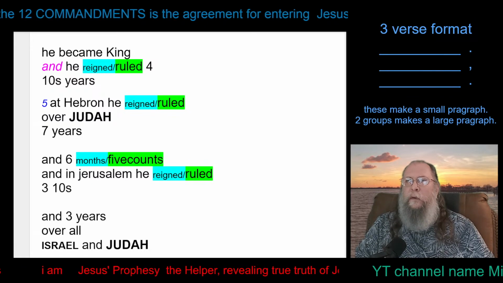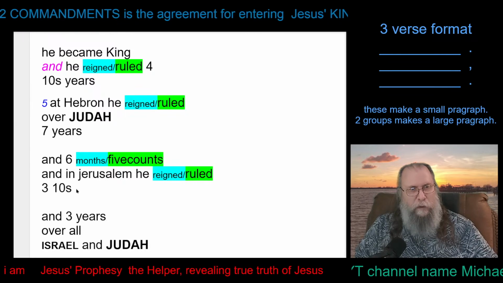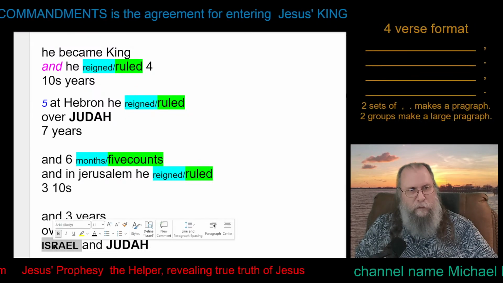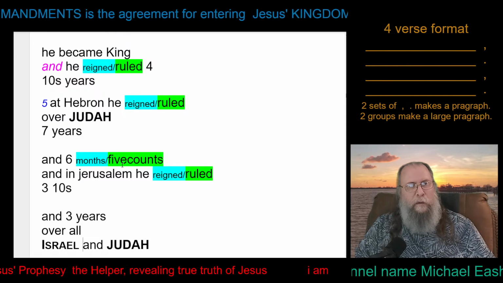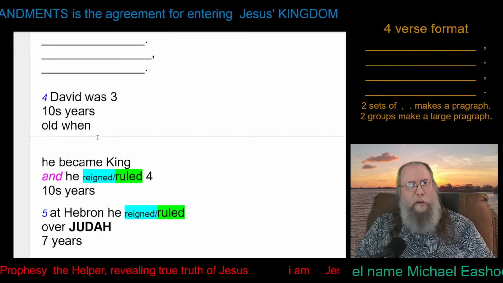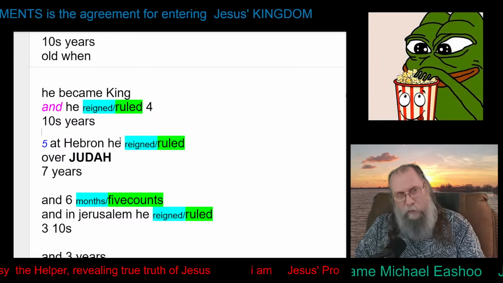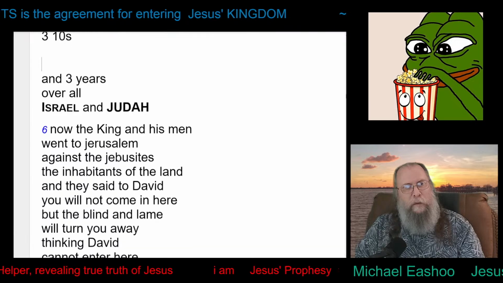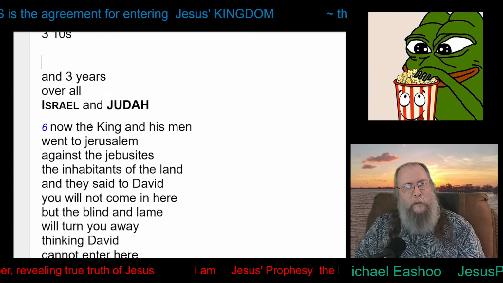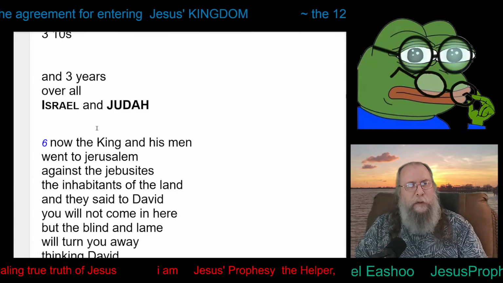So, although I guess it was at Saul's time, so I should use at Saul's time. No, that would be 2. That would be 2. And I don't know if that's going to just continue.